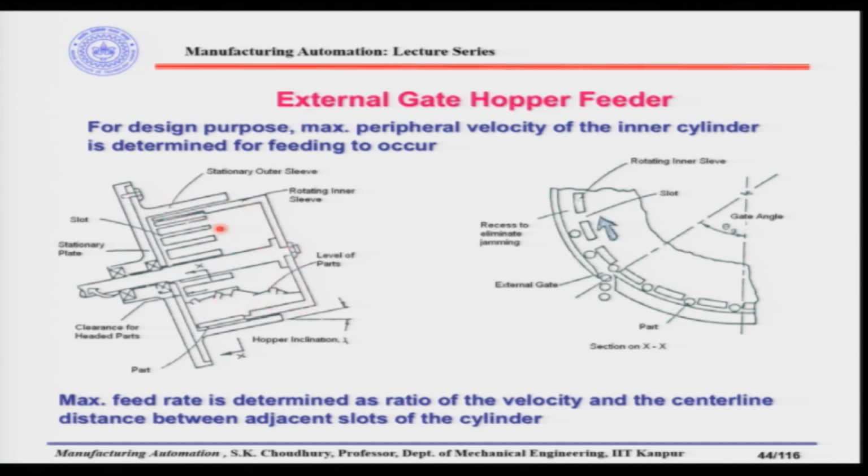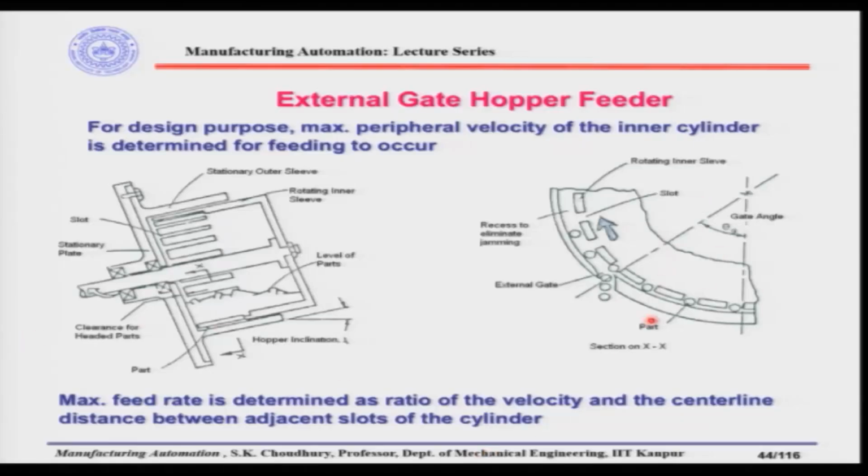The sleeve has the slots, and the mass of the parts are at the base of this rotating inner sleeve. So, when the inner sleeve is rotating, parts from the mass will be nested in the slots, and when the slots are aligned to the external gate, which will be on the stationary outer sleeve, the parts will fall down.